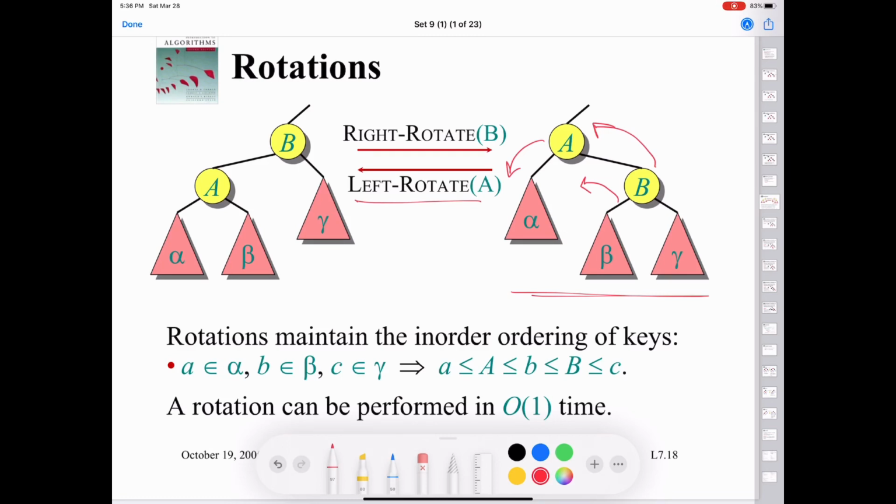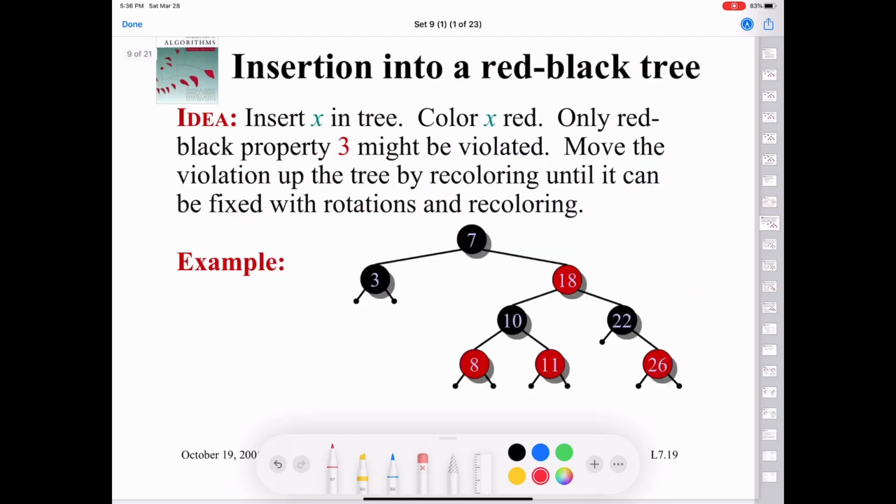So you can either rotate right or rotate left. Now we will see how these rotations are going to be useful in fixing a red-black tree.